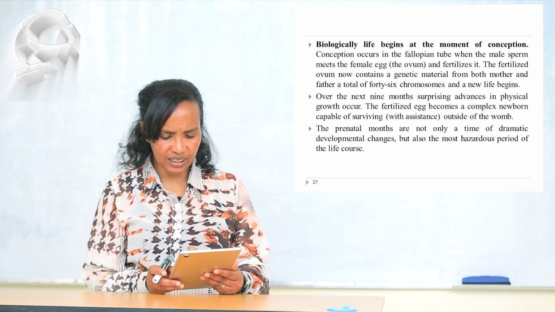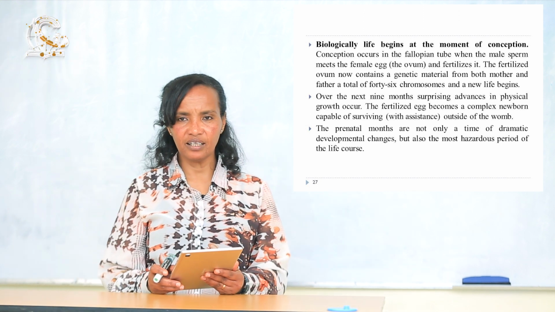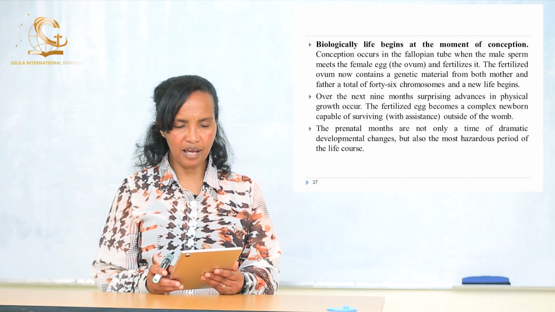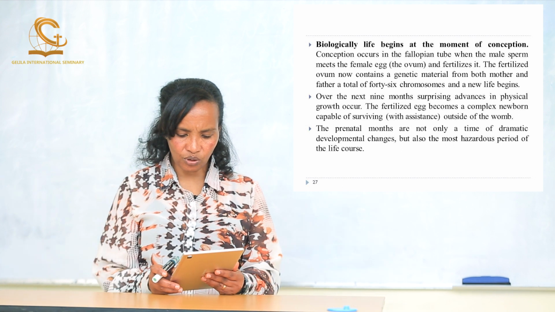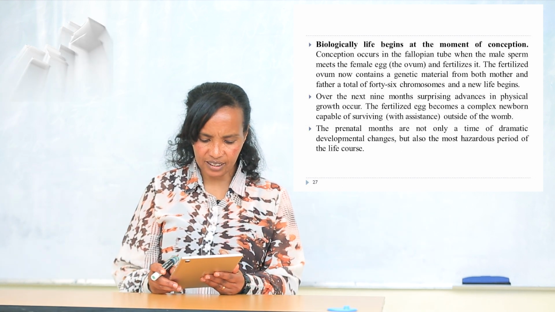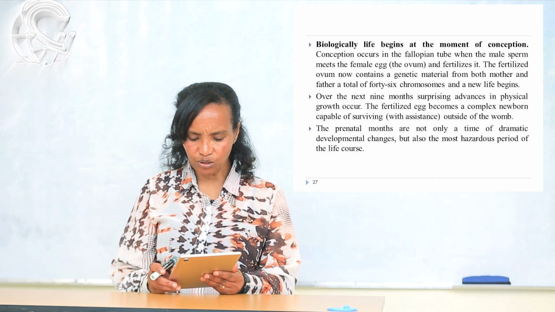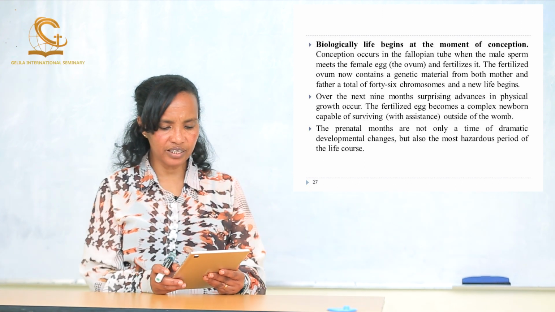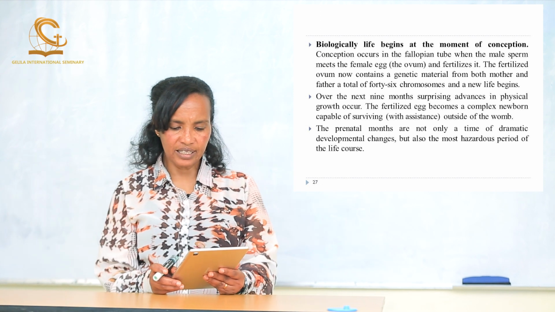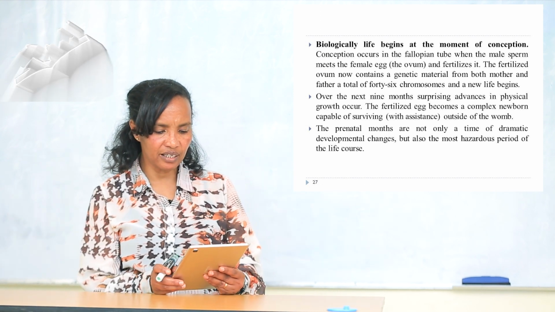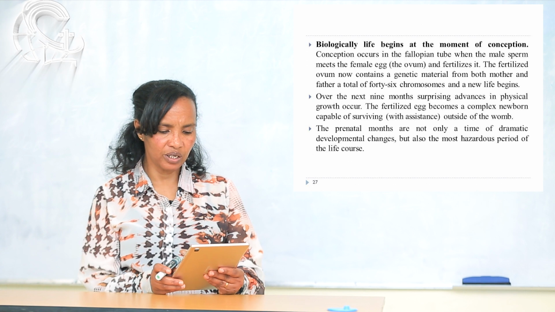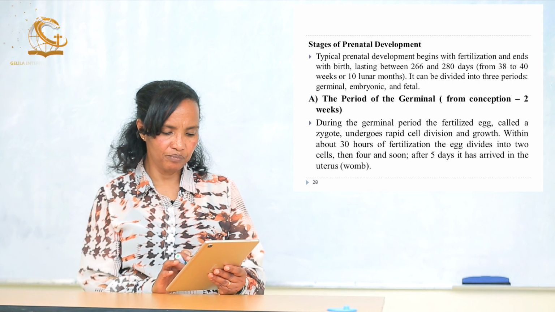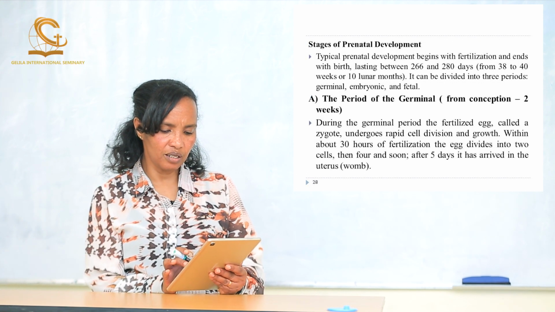The prenatal months, and when we say prenatal, it is the time before birth, are not only a time of dramatic developmental change, but also the most hazardous period of the life course. Let us see the stages of prenatal development. There are 3 stages in prenatal development. We already said that prenatal is the time period between conception and birth.